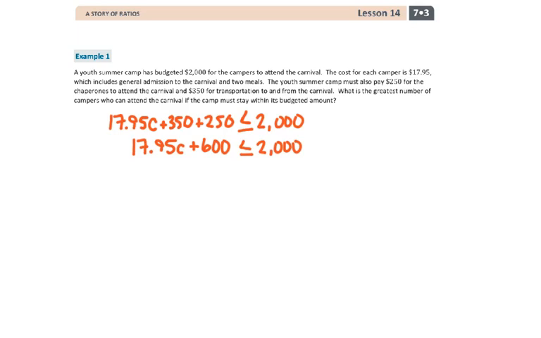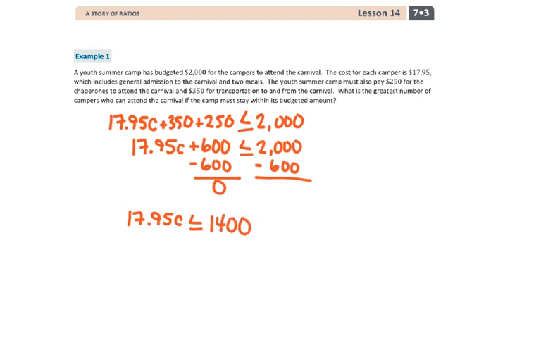Now, since that 600 is being added on the left side, and I'm trying to get C all by itself, I'm going to do the opposite of addition and subtract $600 from each side of my inequality. So now I have $17.95 C is less than or equal to 2,000 minus 600, which is 1,400.